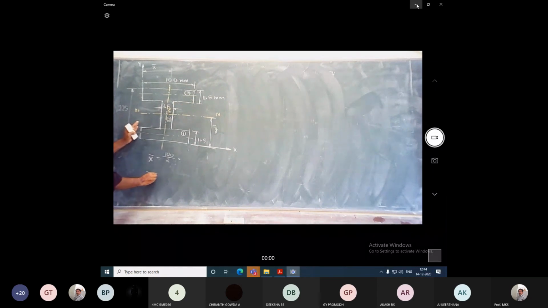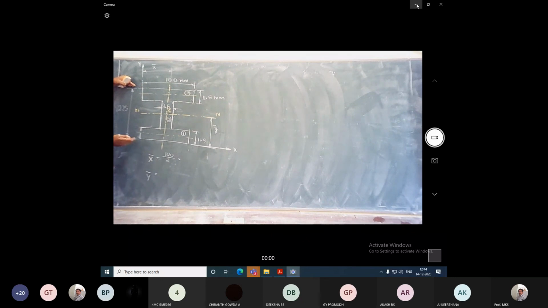Similarly, we should calculate y bar for all the sections. Since it is symmetrical, it can be easily calculated.